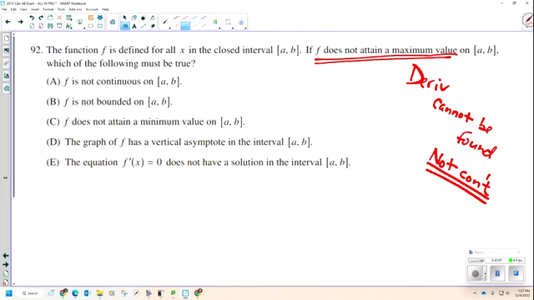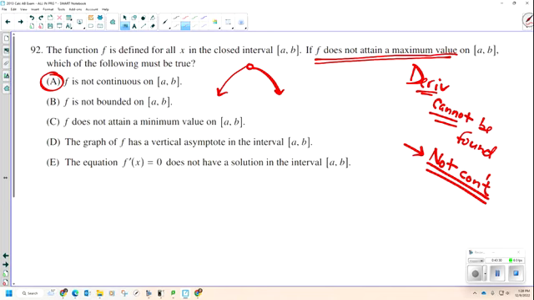It can be continuous and not have a derivative. But if it doesn't have a derivative, it cannot be continuous. f is not continuous. That's the best thing. So I'm going to have something go up like this, and then, oh, guess what? There's where the max point is, there's a hole. You can't find the max there, can you? You can't. And that's what A is.